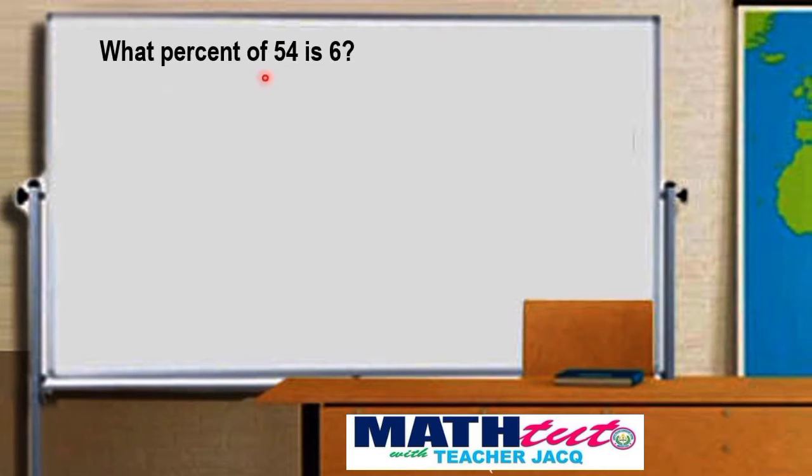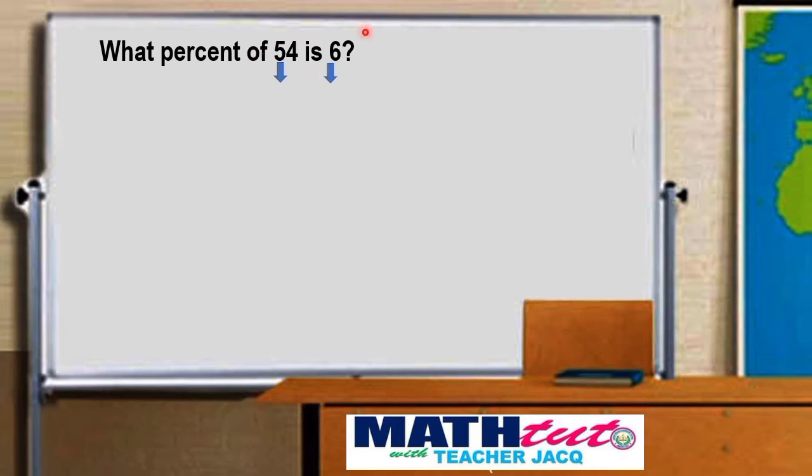What percent of 54 is 6? So, our givens are 54 and 6. Take a look at our givens. They have no percent sign. So, therefore, rate is missing. So, our 54 and 6 are the base and the percentage.